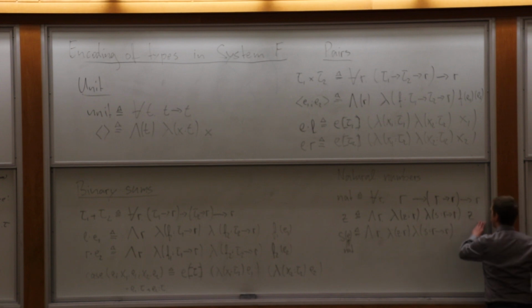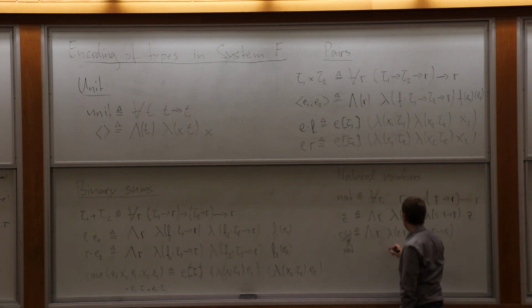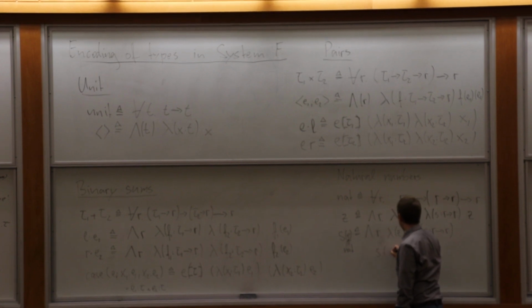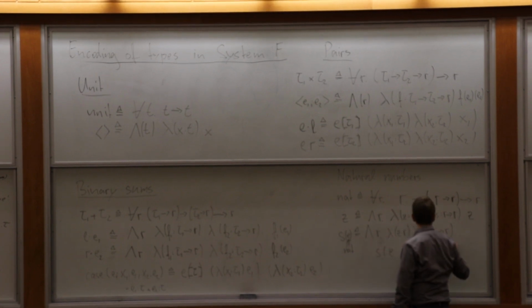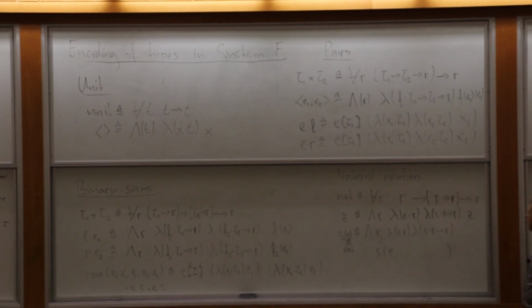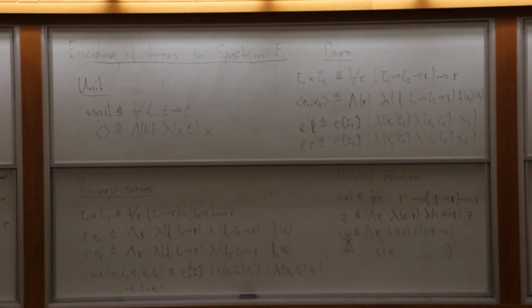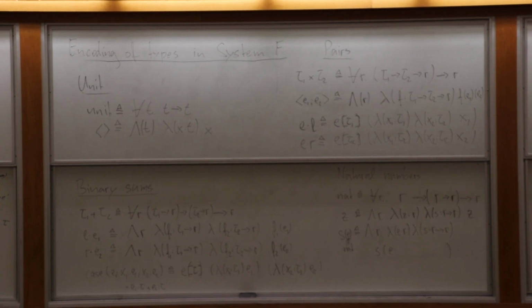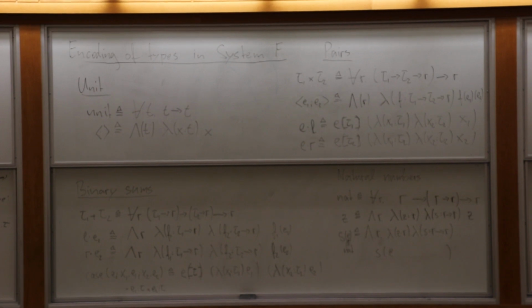So you have E. You want to do S of E, but E has the wrong type. E is like this, for all R. And how can we turn it into something of type R? Well, we have to apply it to something.